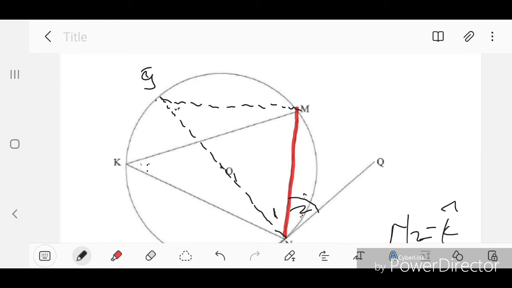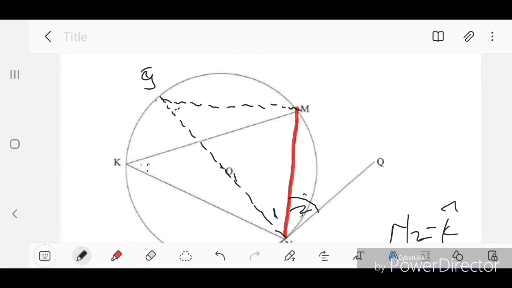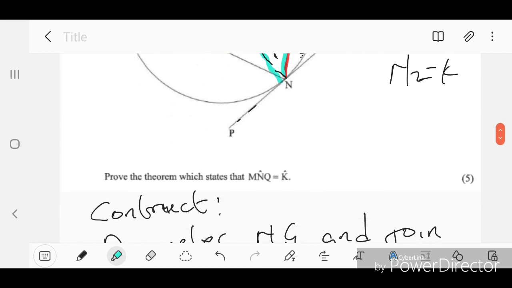So you can see we are not far. This angle G is in this triangle, and this is the diameter.